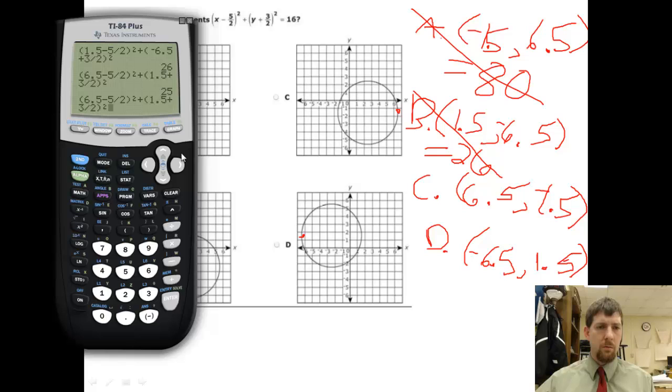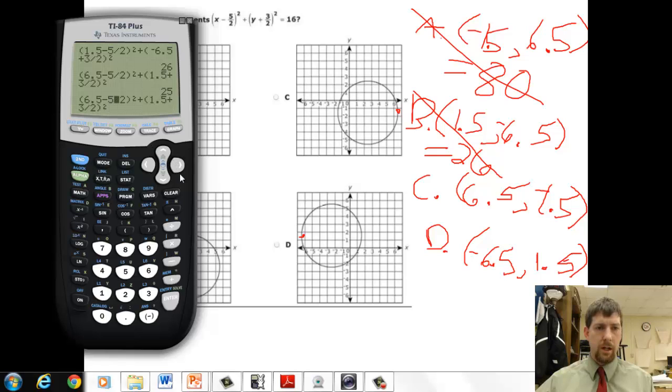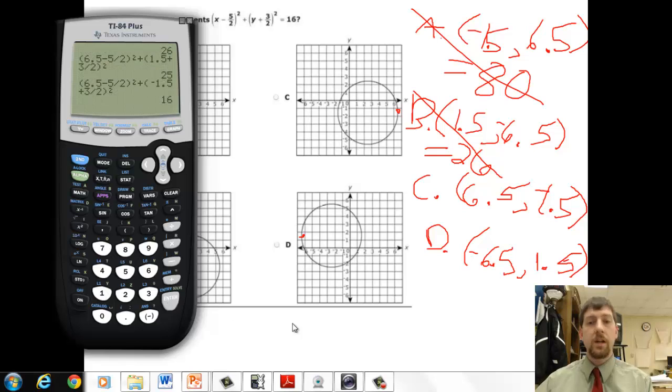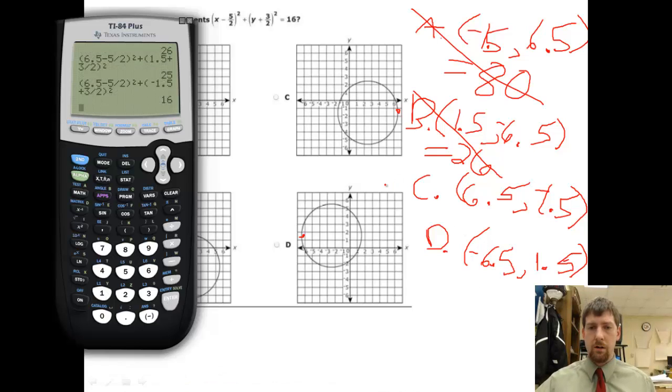So the negative was right. We need it to be negative 1.5. And we get 16. So C ends up giving us right on 16. The point we picked from C gives us 16.